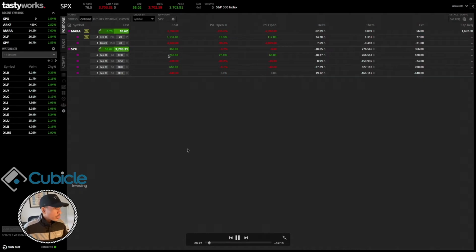As you can see here, my entire credit for selling those two vertical call credit spreads was $360. These trades were put on September the 28th at roughly 1:45 p.m. Eastern Standard Time.